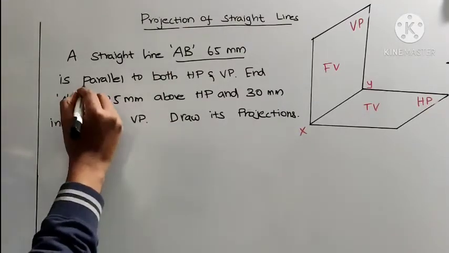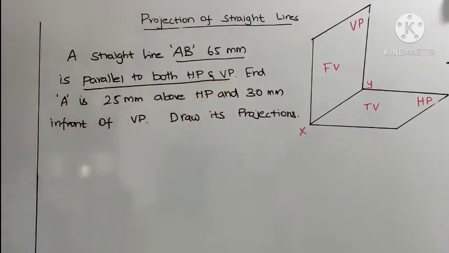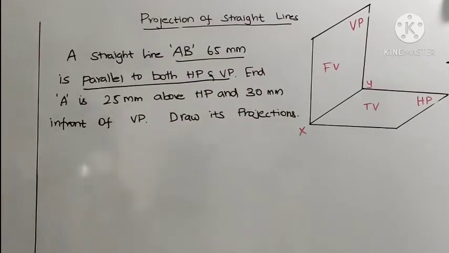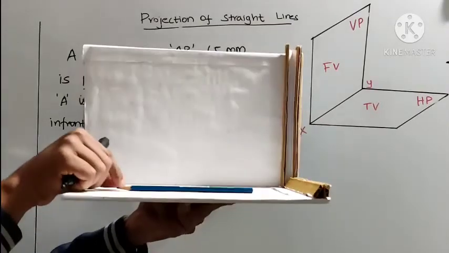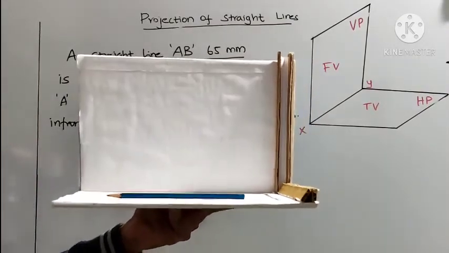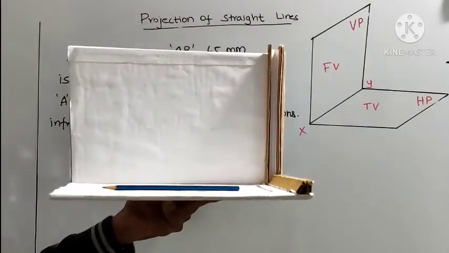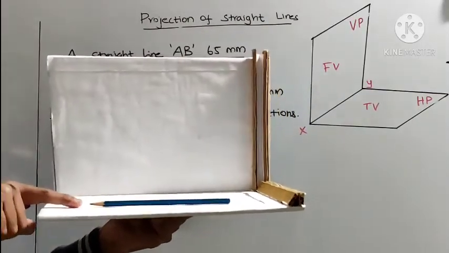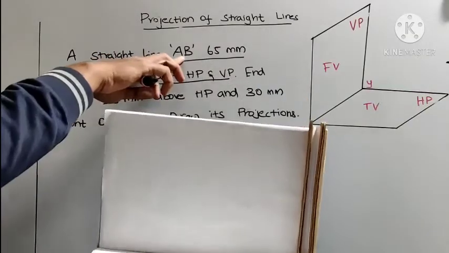It is parallel to both HP and VP. It is something like this. So when it is like this, it can be considered as parallel to both HP and VP. How do you know that this line is parallel? For instance, the name of the line is AB.